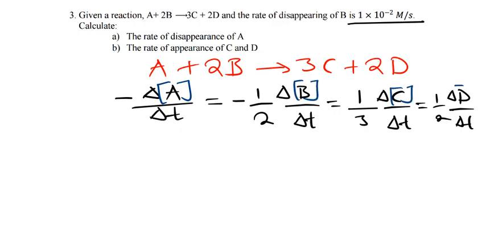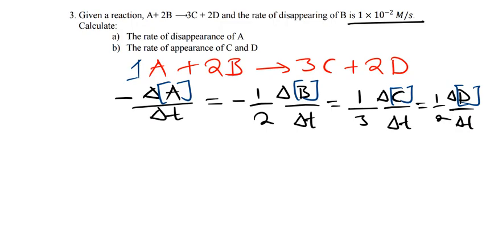So the reason why the first one doesn't have any number is because a 1 over 1 is as good as not putting it there. So this is what we're going to use for our answering there. Now what we're given is the rate of disappearing of B, so this part is going to be useful.